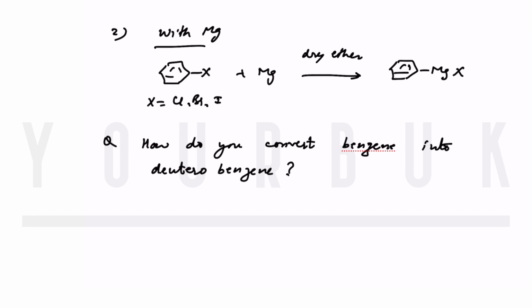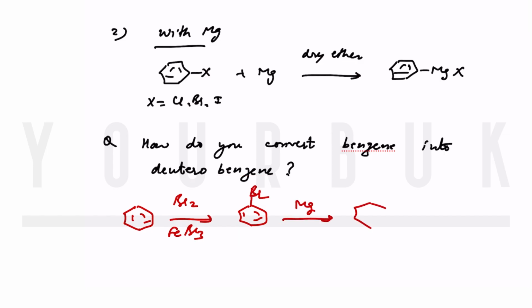First step, we perform the halogenation using bromine in the presence of FeBr3, and it forms bromobenzene. Then we react it with magnesium in the presence of dry ether to form a Grignard's reagent. In the third step, we use heavy water, and heavy water will decompose the Grignard's reagent to a hydrocarbon.